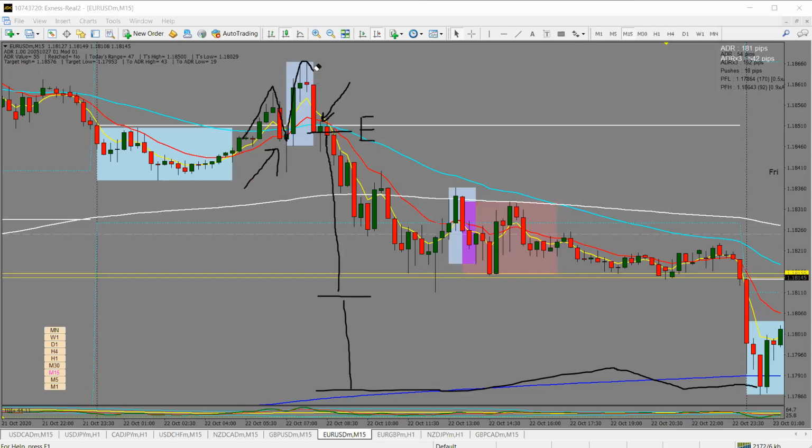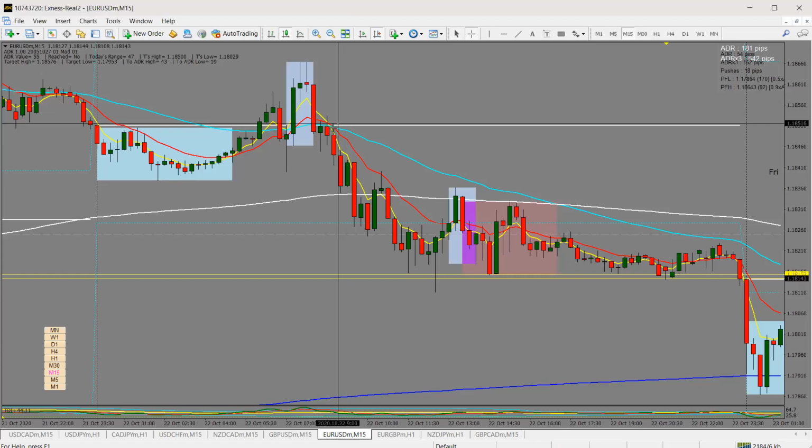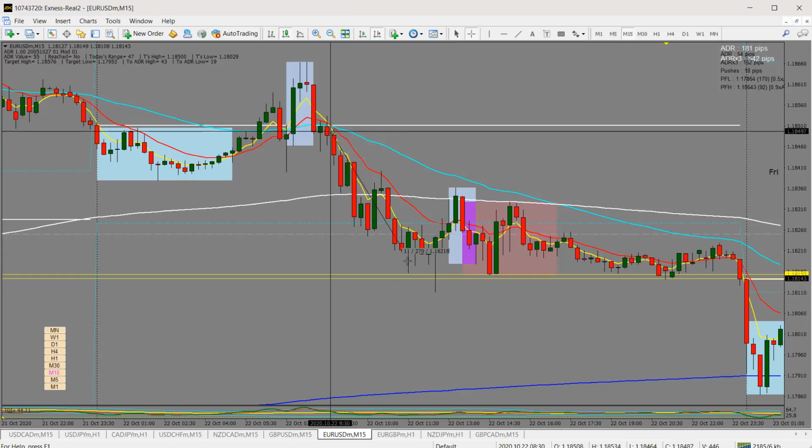Yes, you can enter there if you want before the market even closes below 13 EMA, but that is if you are experienced and you know exactly what you're doing. But if you know that you are not very much experienced, always wait for the market to close below 13 EMA, because to be honest with you, catching 38 pips is a lot, and let alone catching 63 pips is a lot.